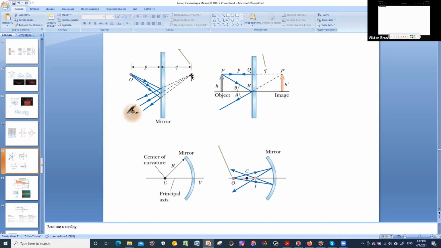Okay, now let us talk a bit more about what principles we use in order to build the image of some extended object. So usually, in order to build the image, we need to select two rays and see where they will intercept with each other.